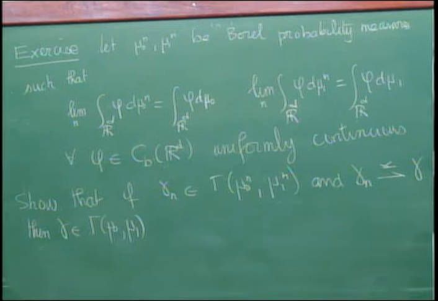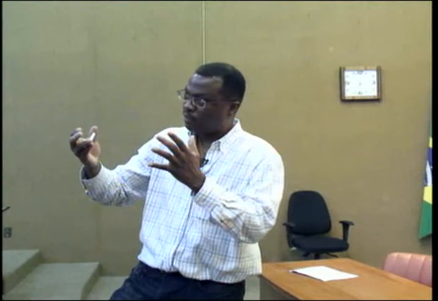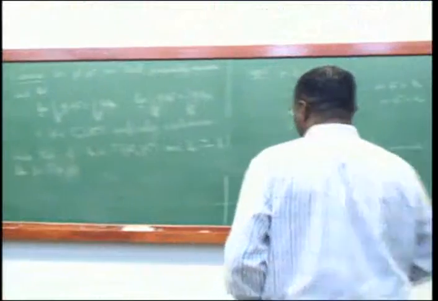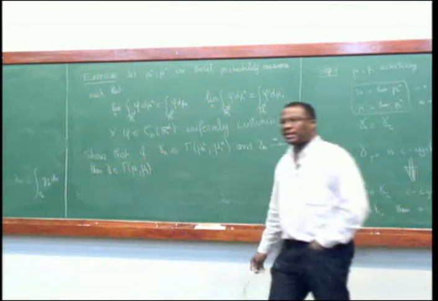And again, in all these things, one is going to worry about what happens when the mass goes to infinity. Because weak star convergence is when you multiply by a test function which is of compact support. Typical example, take my measure to be delta_n.